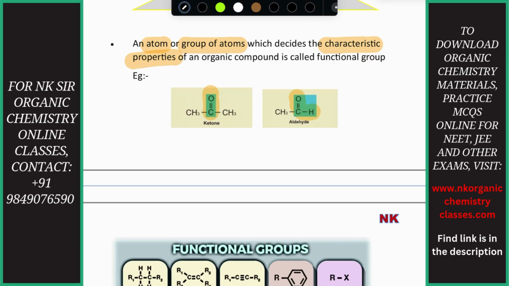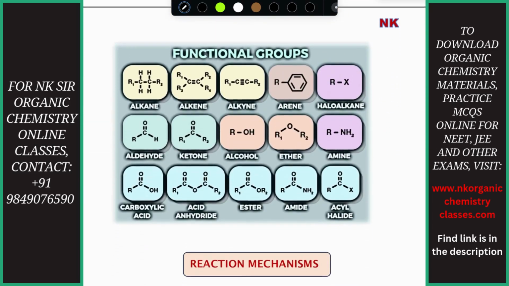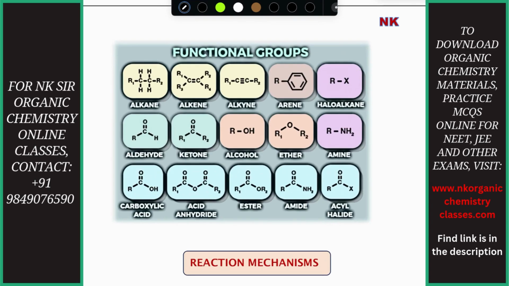Now here I am giving you a list of the functional groups which we will come across in organic chemistry. The first one is the alkane functional group, where single bonded carbons are there. Second, double bonded carbons are there, alkene. Next, triple bonded carbons, alkyne, and this functional group is arene, whereas this is haloalkane.